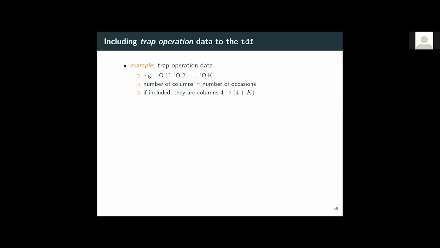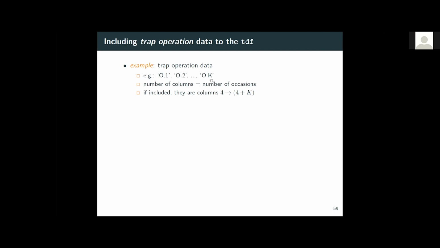This first extension, or this first data addition, is the trap operation data. Essentially, I'm just going to call it O.1, O.2, all the way up to O.k. K we typically use to indicate the number of occasions. So let's say we had 5 occasions: I've got columns 1, 2, 3, 4, and 5.